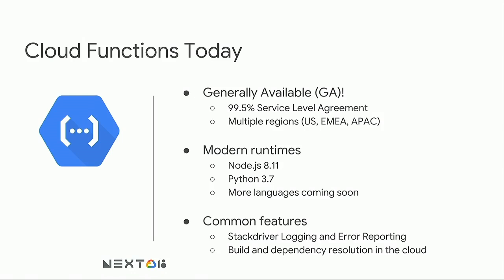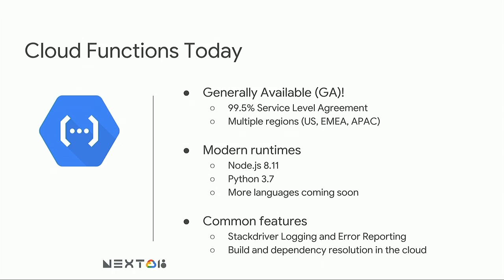In terms of the common features, I already mentioned all the error reporting, logging capabilities, which is always nice when you're developing, debugging, and if you have got some production issues, you want to trace back what actually happened. A very important aspect, that's the build and dependency resolution in the cloud.